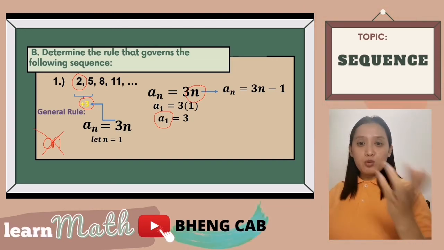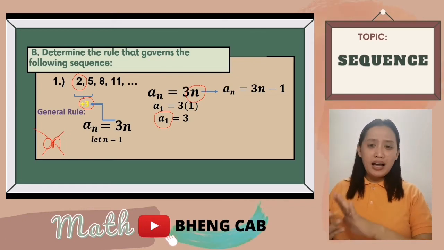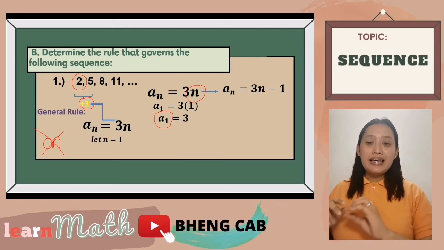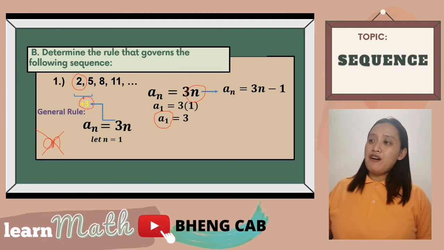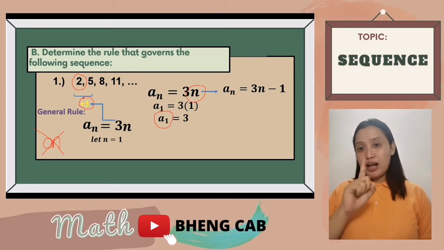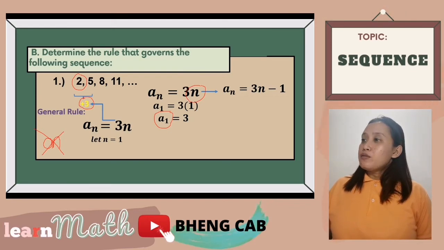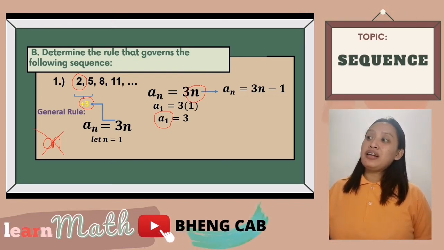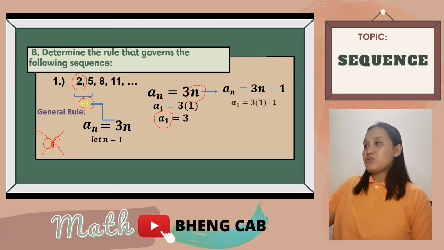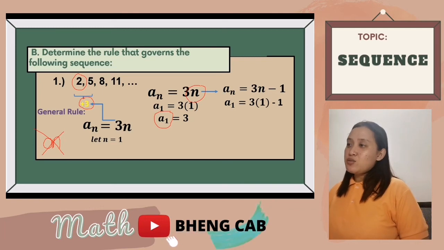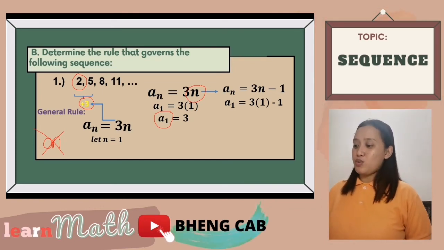Ang 3 para maging 2, mag-a-add ba tayo? Mag-a-add ba tayo ng 1? Ng 2? Ng 3? Mag-a-add ba tayo ng 4 sa 3 para maging 2? Hindi, di ba? Ang kailangan natin para maging 2 ang value ng 3 na to ay magsasubtract tayo ng 1. So that means to say, in general rule, from a sub n equals to 3n, gagawin natin ngayong 3n minus 1. So, if you try this way, where n equals to 1, a sub 1 now is equal to 3 times 1 minus 1.